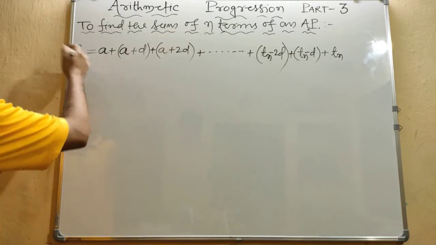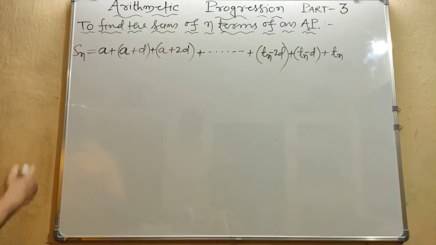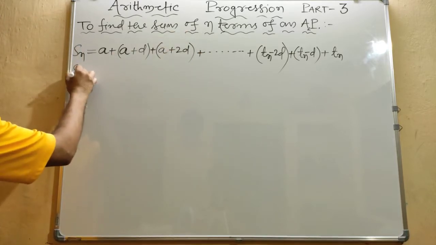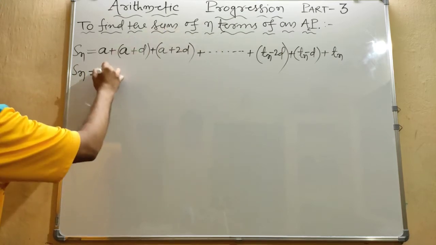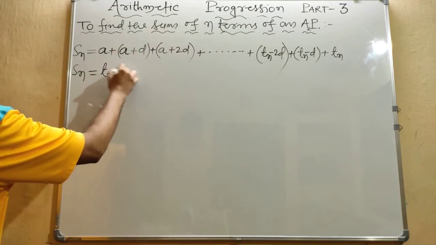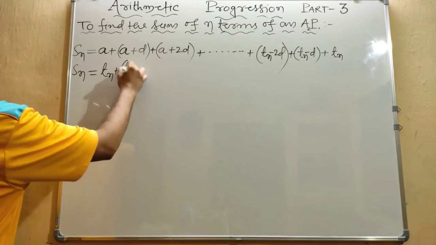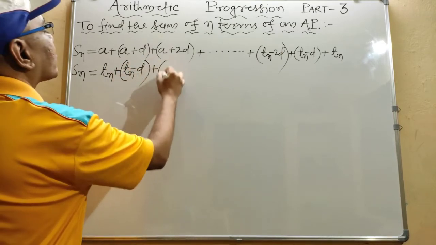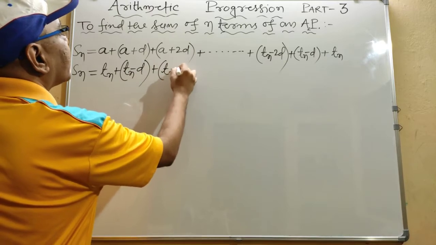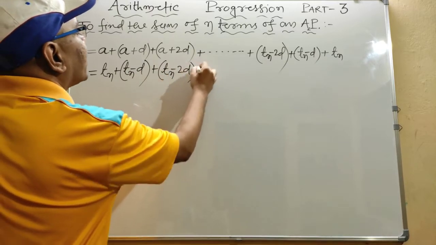So this is denoted by, suppose, Sn. Now once again, Sn can be written as, right from that side, Tn, then Tn minus d, then Tn minus 2d.